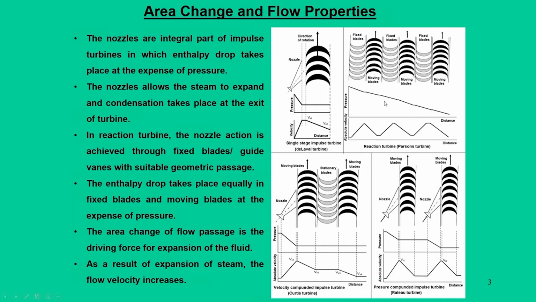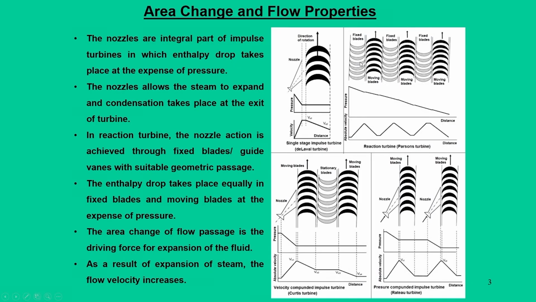However, when you do this expansion in the reaction turbines, there is no separate component of nozzle as such; rather they have fixed blades or guide vanes that take care of the pressure drop. But the most important fact is that the passages of those fixed blades are such that they perform nozzle action. Nozzle action I will explain in the subsequent slides.